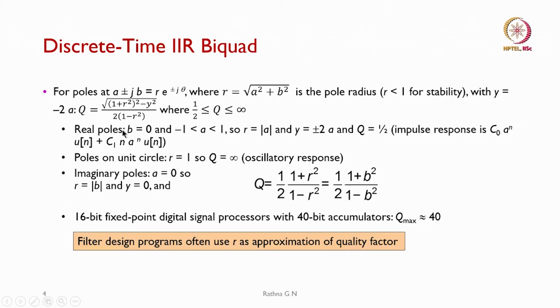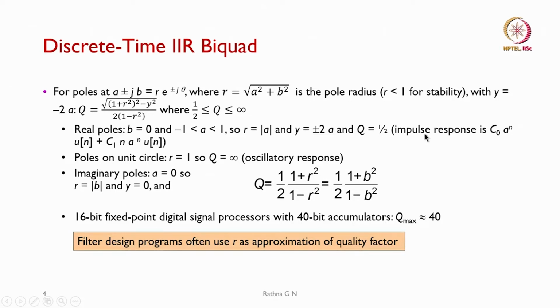What happens when the poles are real? We know that B is equal to 0, and A is between minus 1 and 1. So R becomes the magnitude of A, and Y will be equal to plus or minus 2A, and Q becomes half.